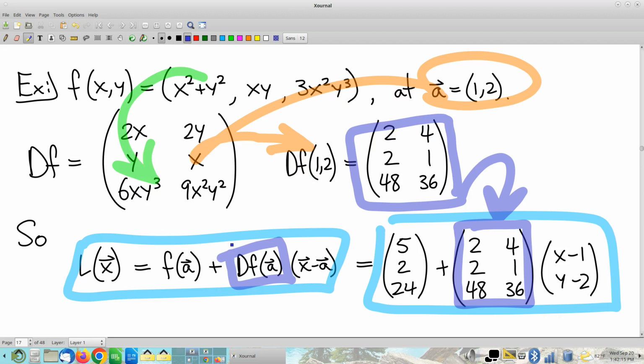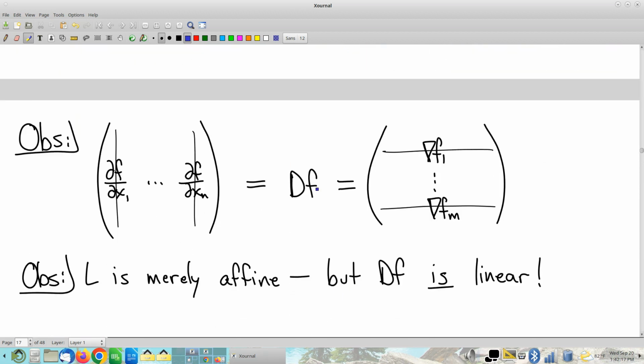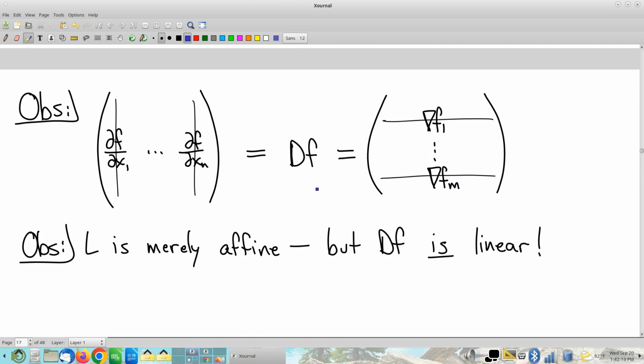Okay, a couple of last observations before we move to the next thing. We have this formula for the derivative matrix, and the formula that I've written down for you is in terms of elements. So you know exactly which elements are computed with which partial derivatives. But there's a couple of patterns to notice. One pattern you're going to notice is that by columns, these are all of the partials of the various components of f with respect to, in this case, x1.